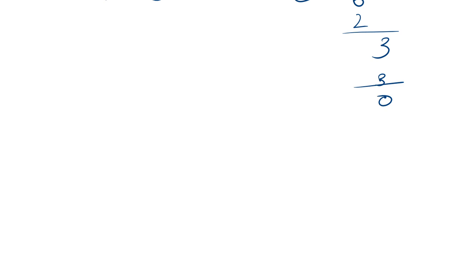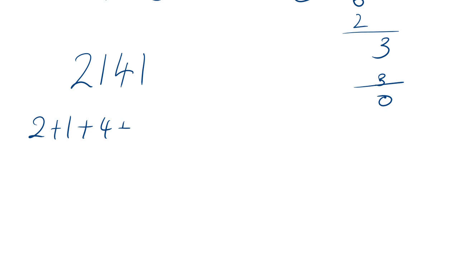Okay, we can check an example where it is not divisible by 3. 2141. 2 plus 1 plus 4 plus 1. So 2 plus 1 is 3, 3 plus 4 is 7, 7 plus 1 is 8. 8 is not a multiple of 3.